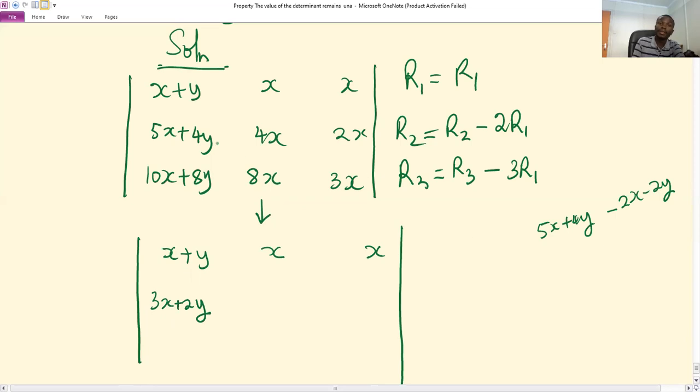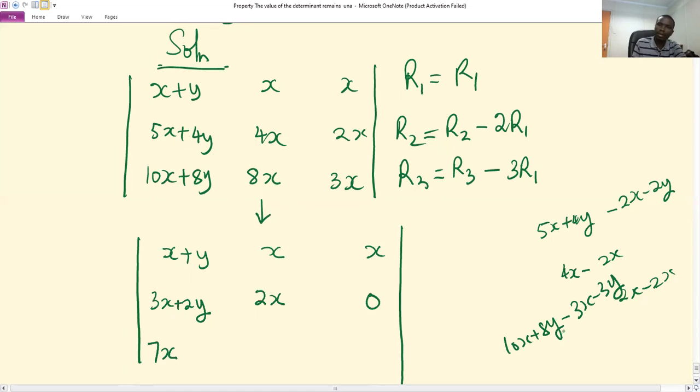And then 4x minus 4x is 0. And 10x plus 8y minus row 1 is 9x plus 7y, 10 minus 1 is 9, 8 minus 1 is 7.